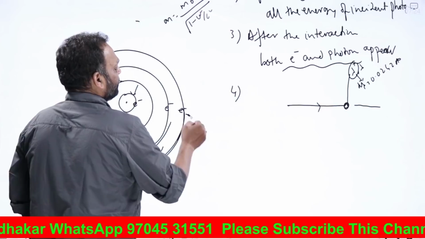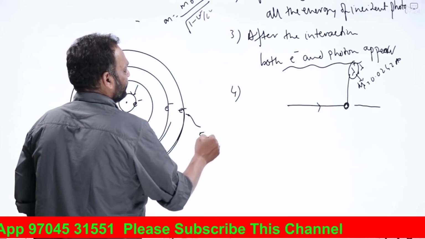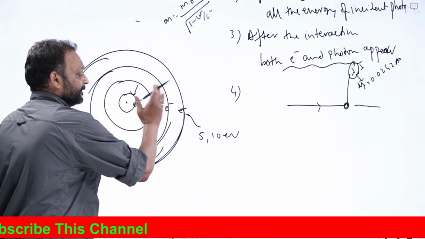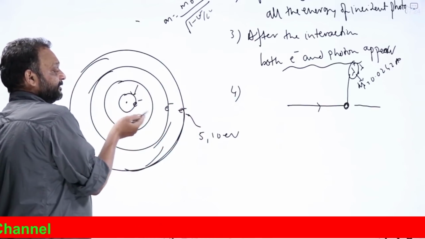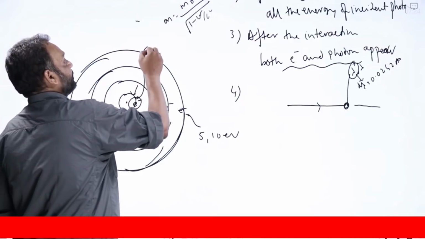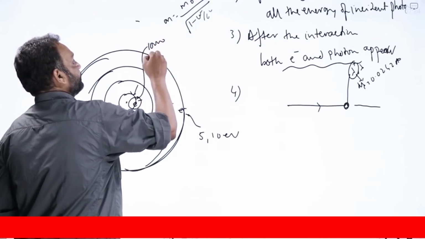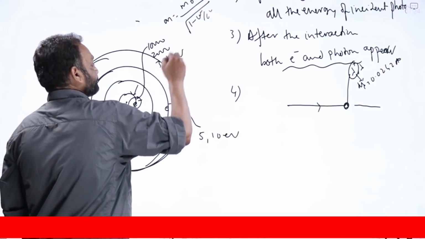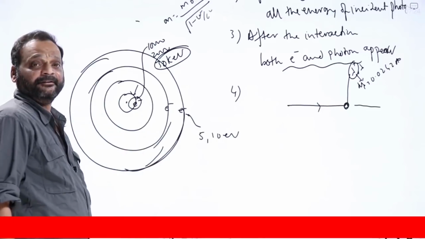Outermost electrons are very loosely bound. Their binding energies will be only about 5 to 10 electron volts. But as I go deeper and deeper into the atom, the binding energy of the electron keeps on increasing. The innermost electrons may be bound by some 20,000 or even 30,000 electron volts. The binding energy may be 30 keV also.